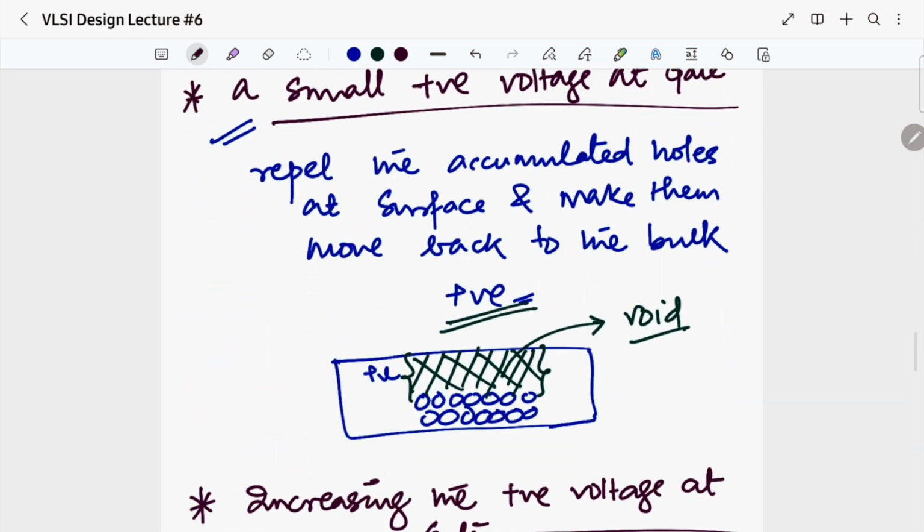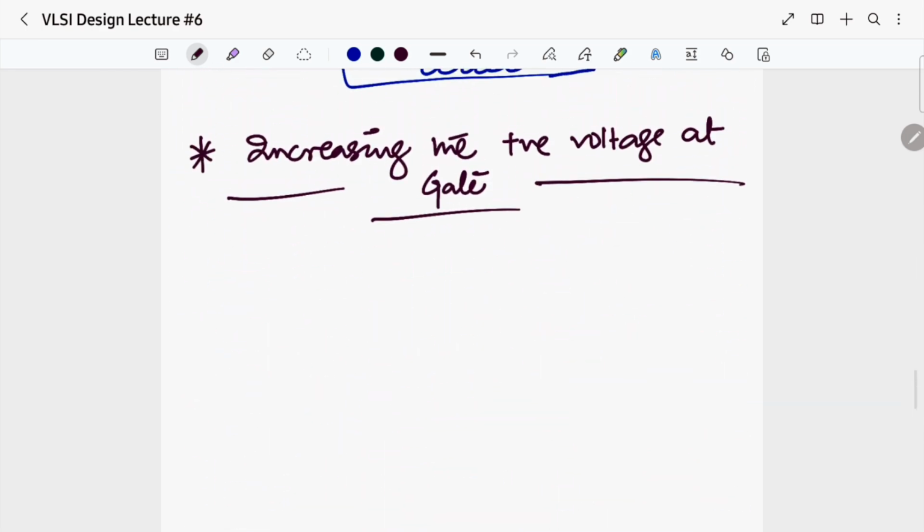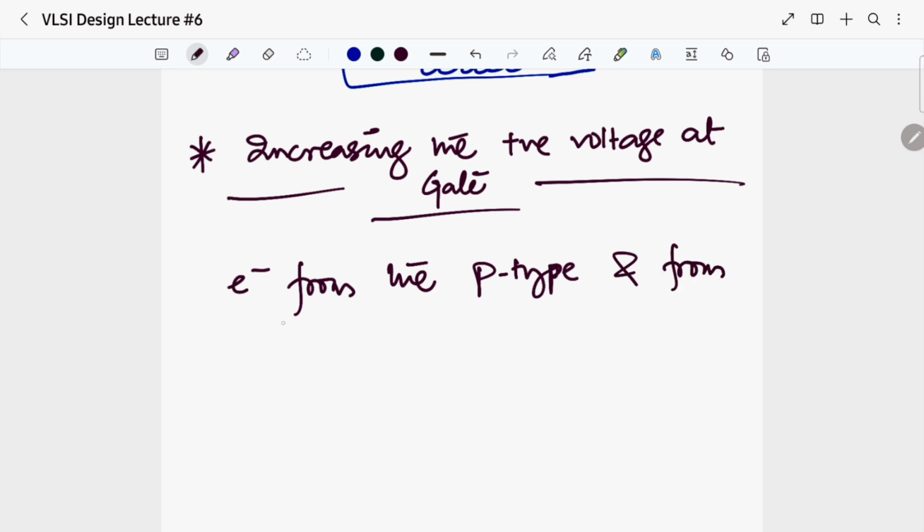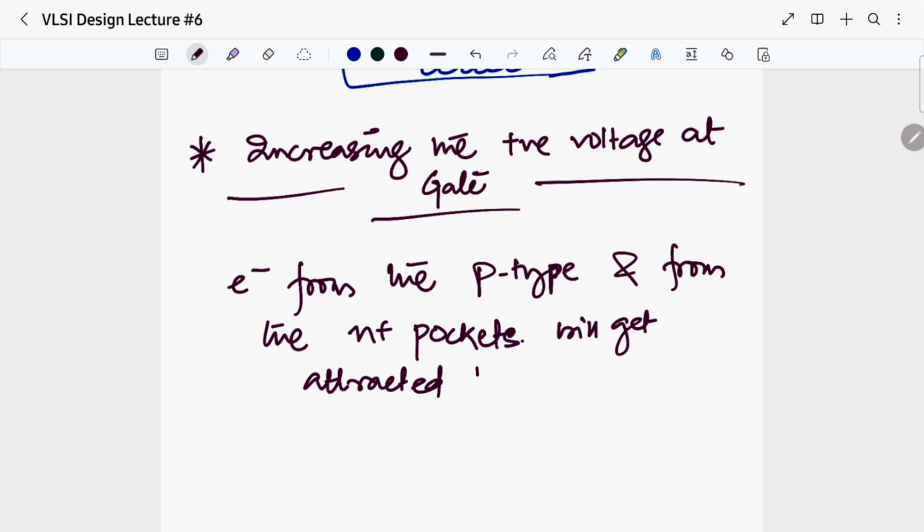towards this void. So if I keep on increasing the positive voltage at gate, the electrons from the p type and from the n plus pockets will get attracted towards the surface of the substrate.